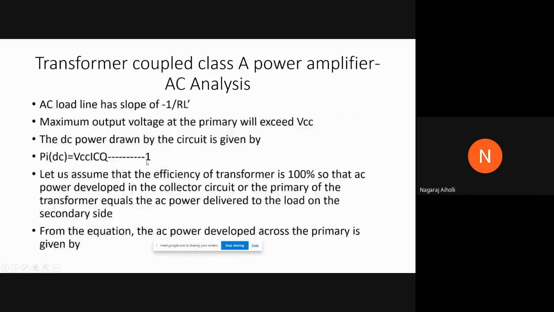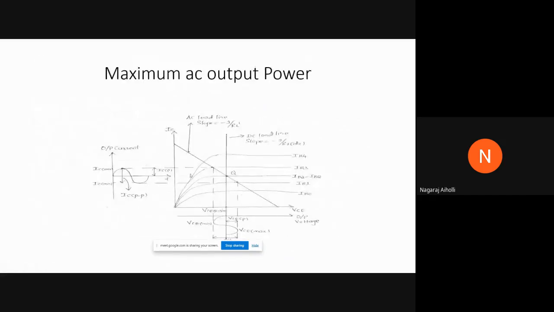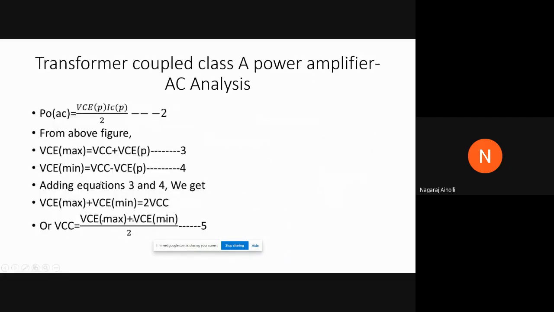Similarly, I can write VCE min. From the origin to this intersection is VCEQ is equal to VCC. If from the origin to VCC, I subtract VCE peak, then I will get 0 to VCE min, right? That is the equation that I'll be writing: VCE min is equal to VCC minus VCE peak.